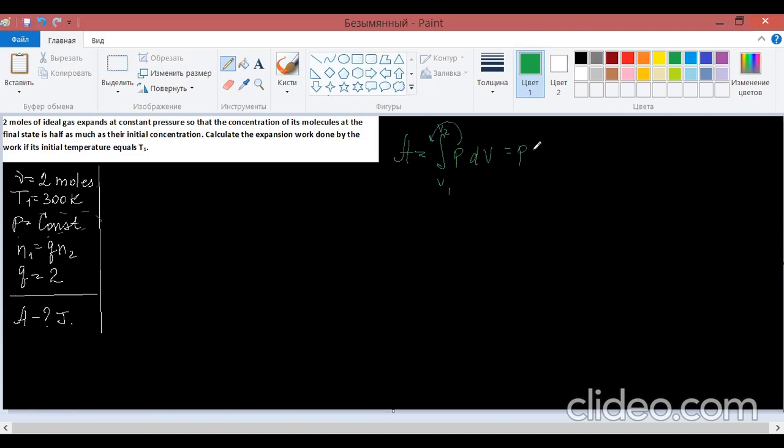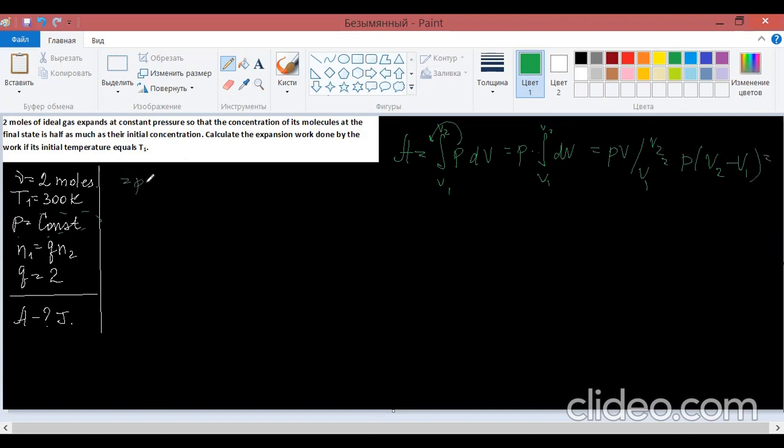So we can write P times the integral from V1 to V2 of dV. The integral and differential symbols are two enemies. They destroy each other, and finally we've got P times V2 minus V1, yes?